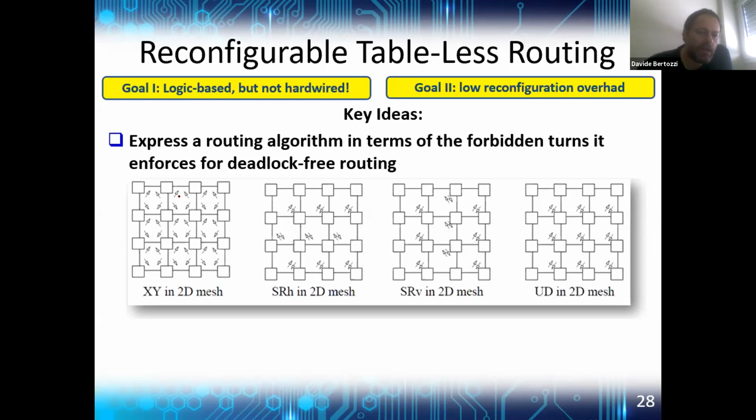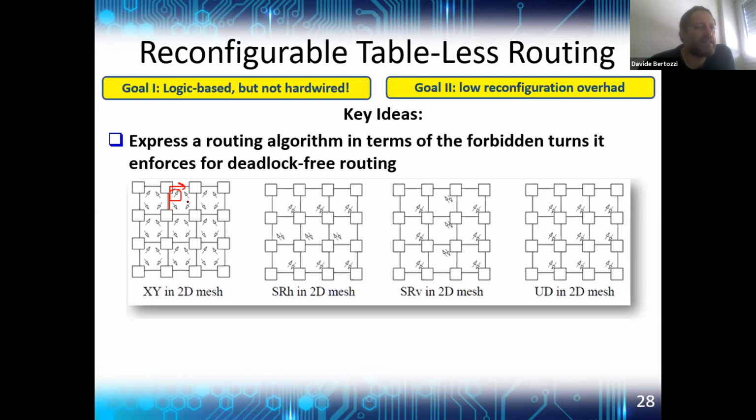So as you can see here, we have arrows. These arrows indicate what you cannot do with X and Y routing. You cannot do YX, and that's why you have an arrow here. So all these arrows indicate what is forbidden, what you can't do with this routing algorithm. So a legal routing path will have to fulfill the requirement posed by these routing restrictions.